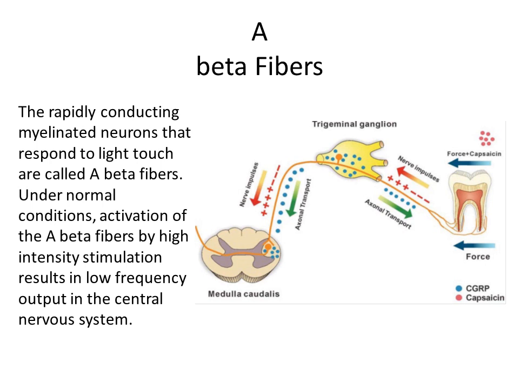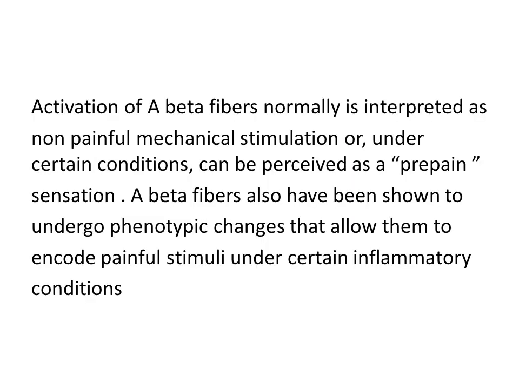This is about the dental pain. The rapidly conducting myelinated neurons, as I said, are very efficient and have a good response to light pressure, light signal. Activation of these fibers, normally interpreted as non-painful mechanical stimulation, under certain conditions can be perceived as a pre-pain sensation.